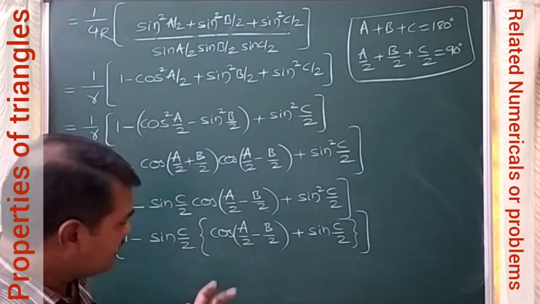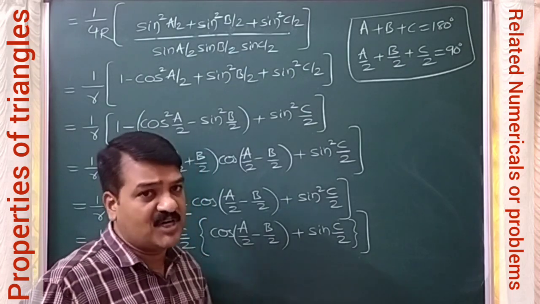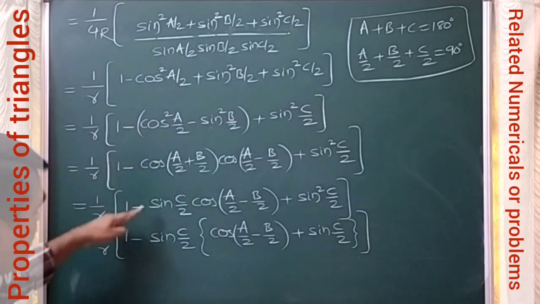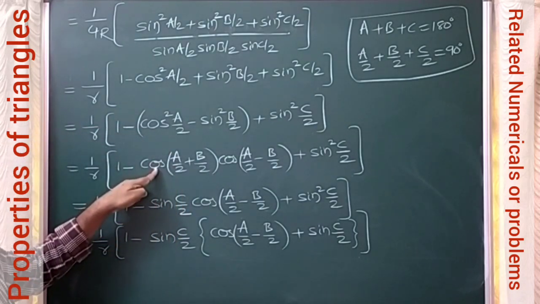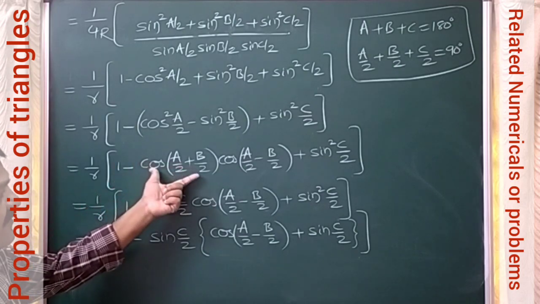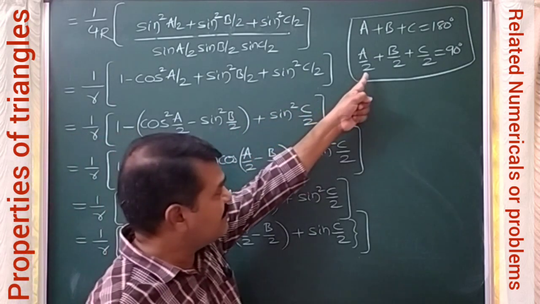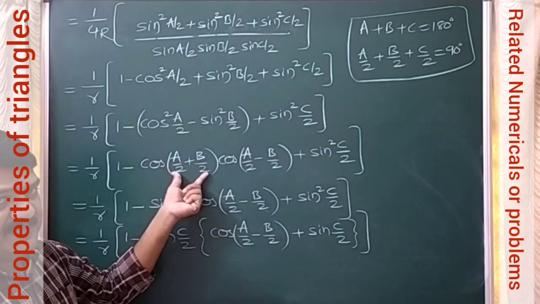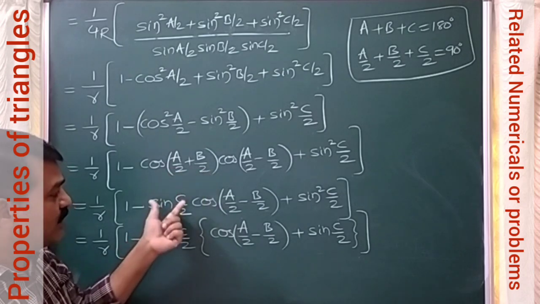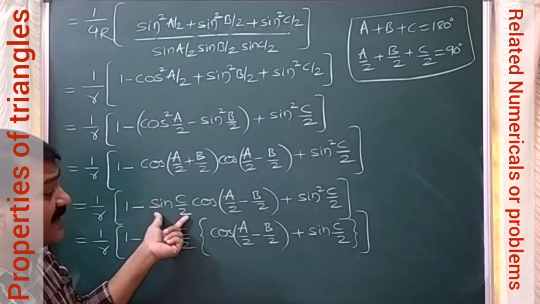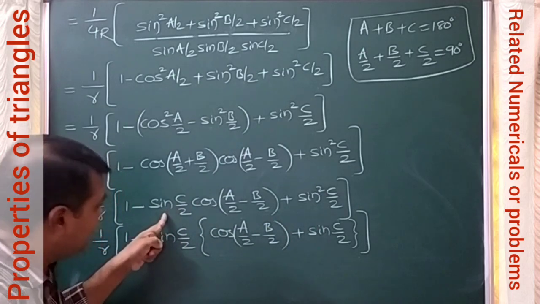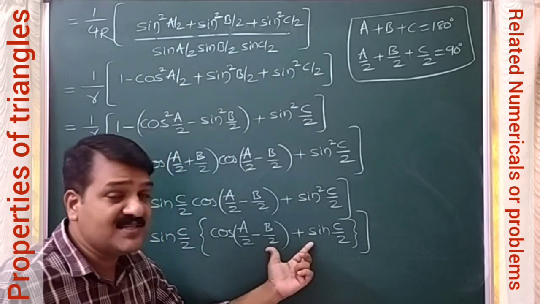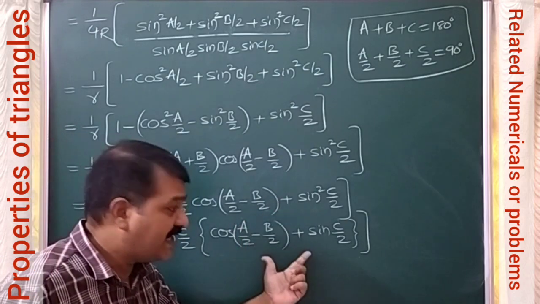Now, in order to get the transformation formula or compound angle formula application, I will change this sin C/2 as cos(A/2 plus B/2). Just observe here, cos(A/2 plus B/2) is cos(90 minus C/2), which is sin C/2. Now I will resubstitute sin C/2 as cos(A/2 plus B/2) so that we can get the transformation formula here.